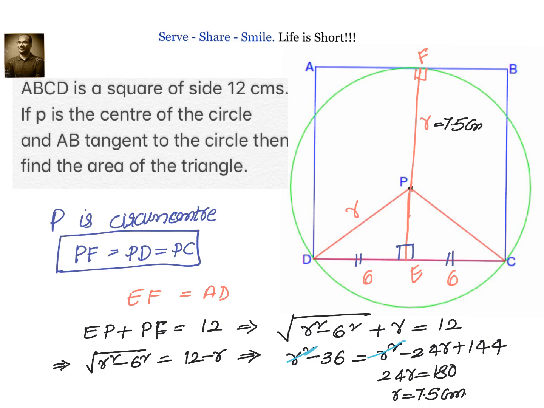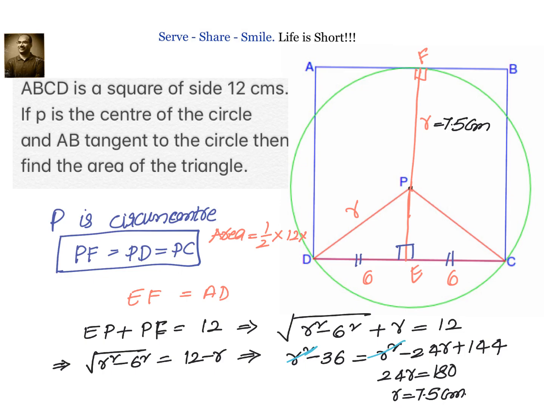Now once we got the R value, how to find the area? We can write that area equals half into base, which is 12, into height. Height is PE. What is PE? Let's find out.